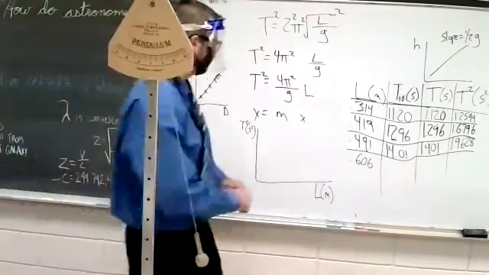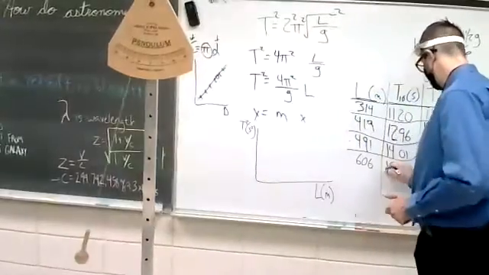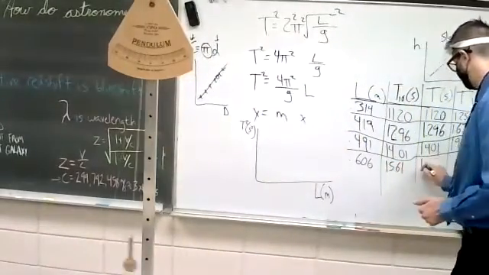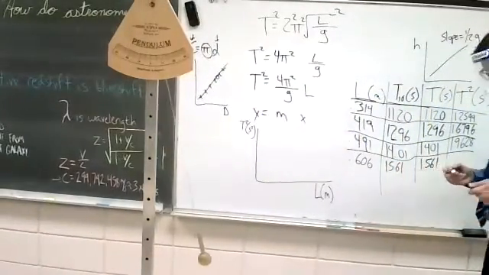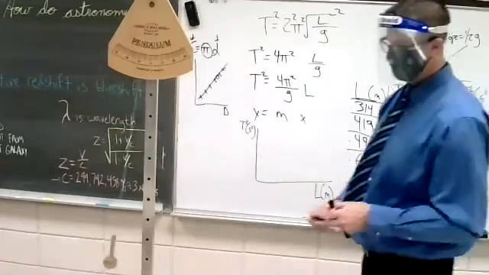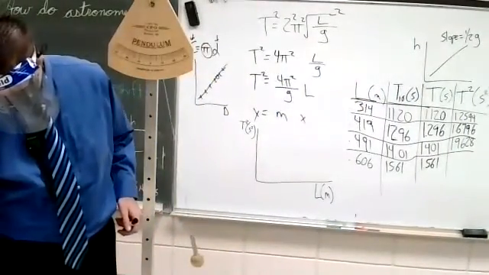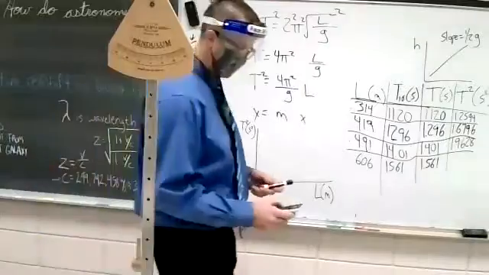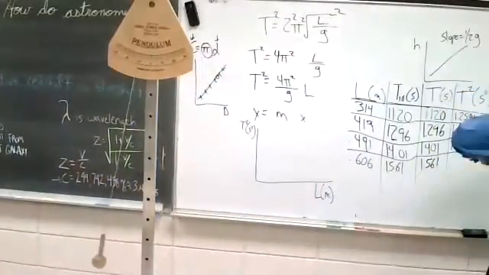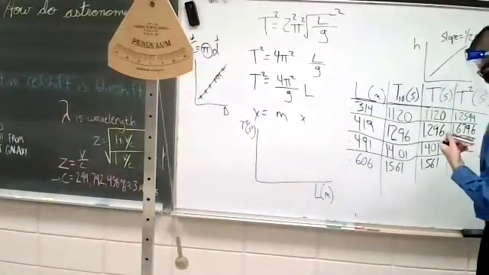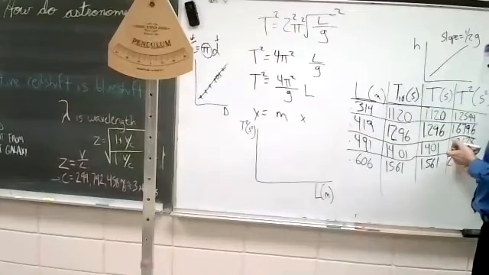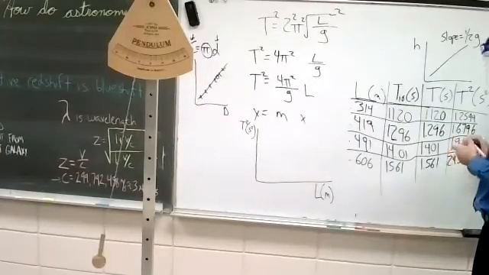Fifteen point six one, so 1.561, and 1.561 squared is 2.4367.